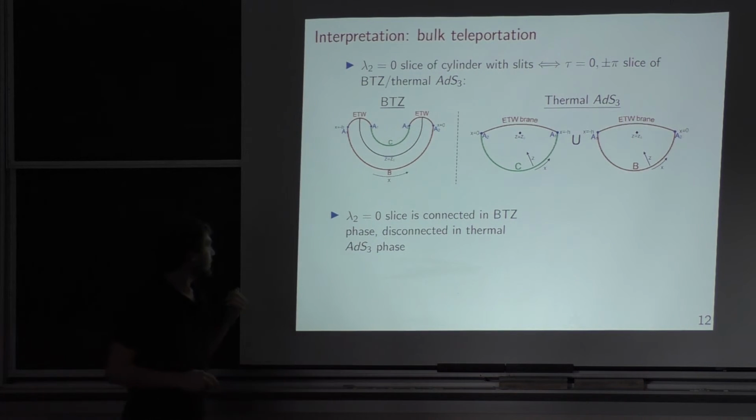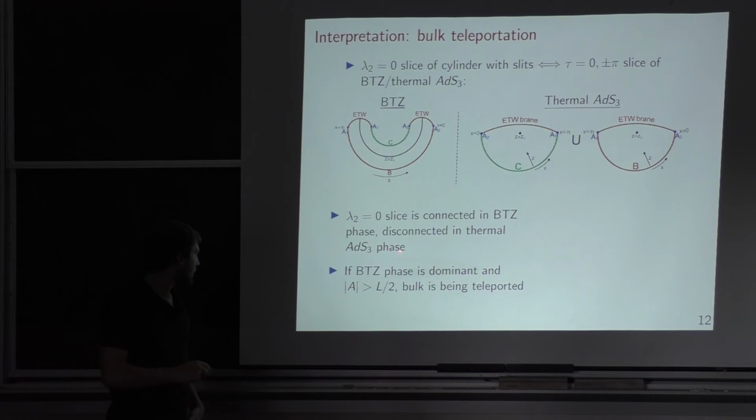Now, this means that if the BTZ phase is dominant, so you have a connected slice, and the measured region is larger than half of the CFT, bulk teleportation is happening.